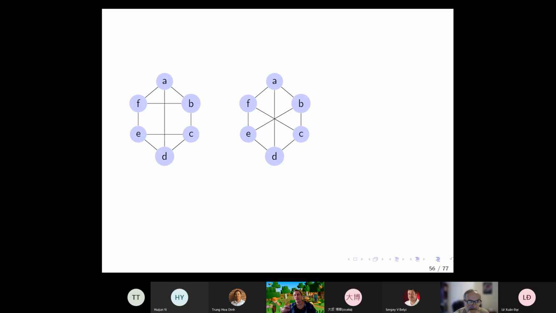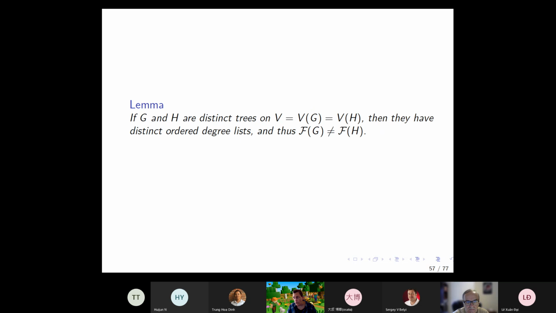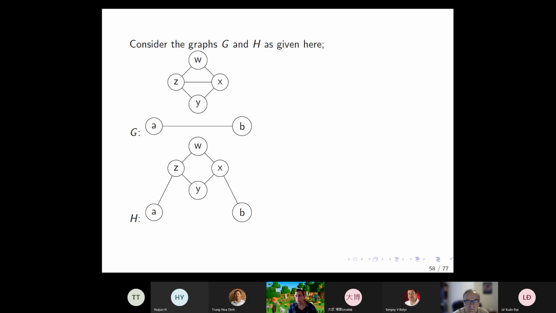And oh, so they don't actually have the same F, do they? Oh, they do. I can assign 3 watchers to E. So this ends up getting a little bit on the entertaining end of the spectrum. It's rather amusing. But yeah, if they are distinct trees and they have distinct ordered degree lists, then they won't have the same. Right?